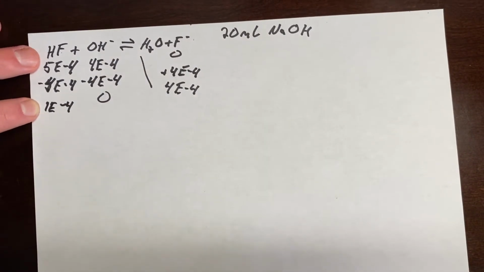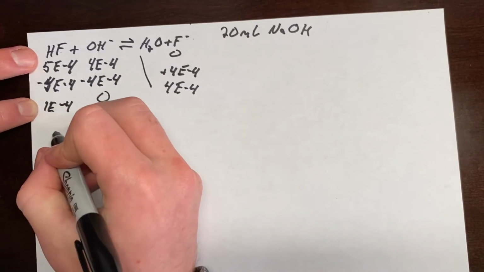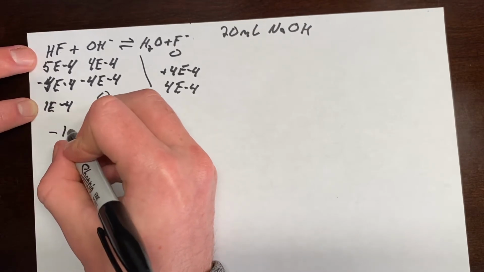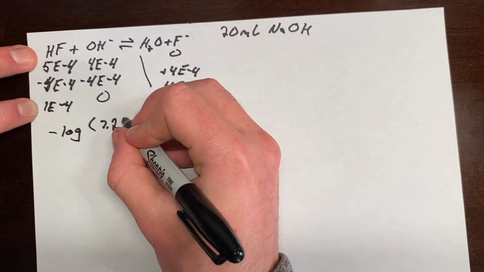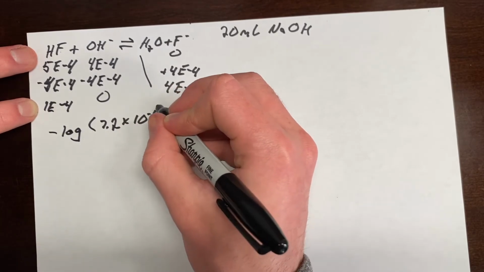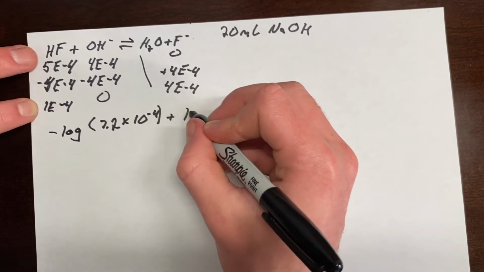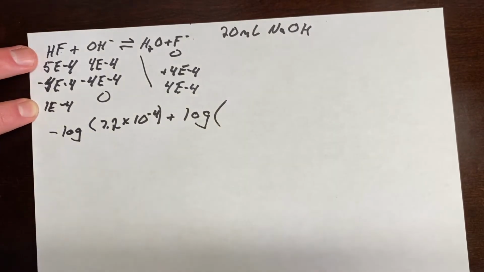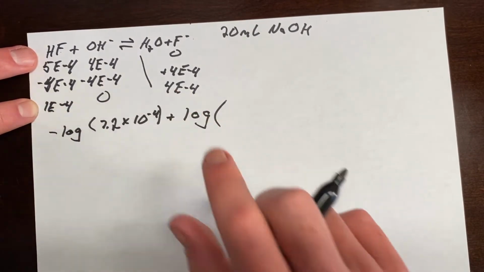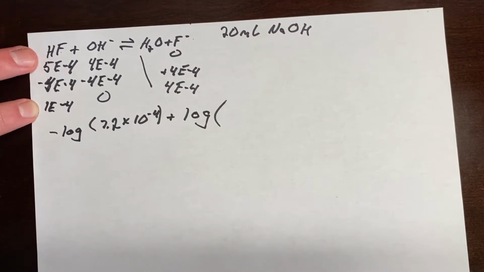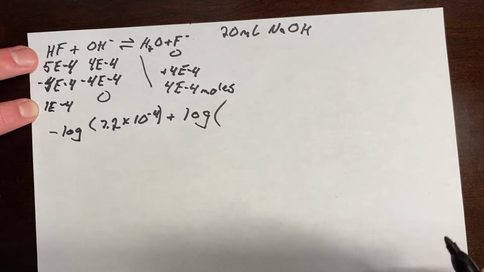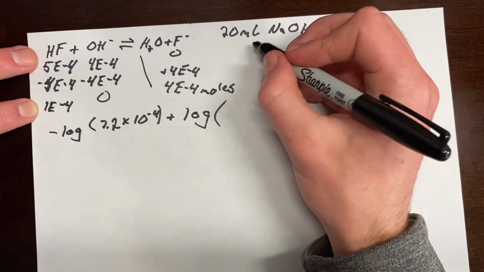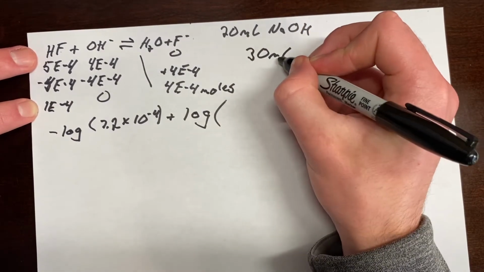And for these equations, we can use the Henderson-Hasselbalch equation. So we can do negative log of 7.2 times 10 to the negative 4 plus the log. And now we have to remember to turn these values back into molarity because these are in moles. The total volume right now is going to be 30 milliliters.